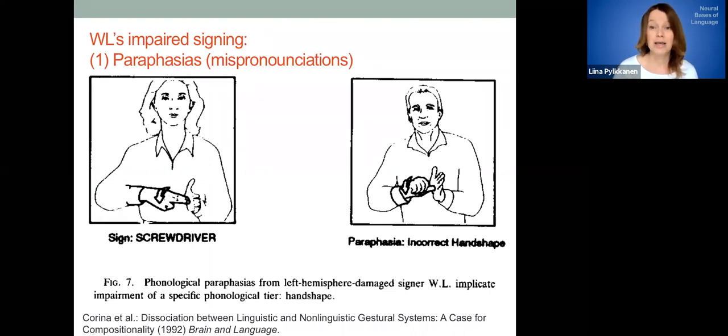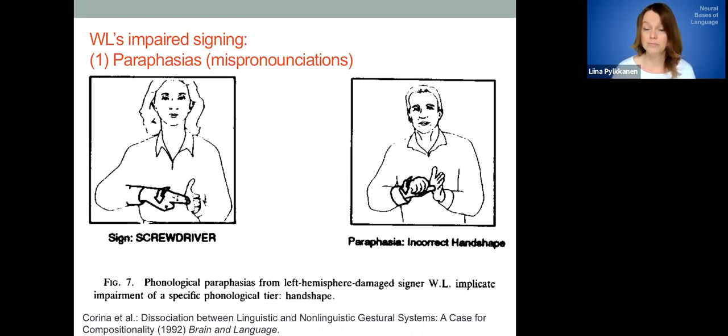Now, just like spoken words, signs can be decomposed into smaller features, and hand shape is one of those smaller features. Others might be the location of the sign, the location with respect to the body where you sign it, or the type of motion, for example.